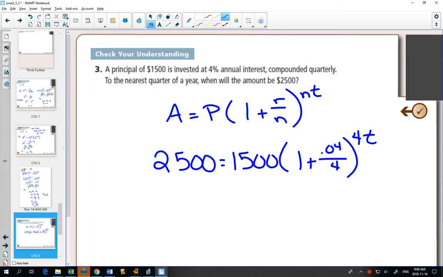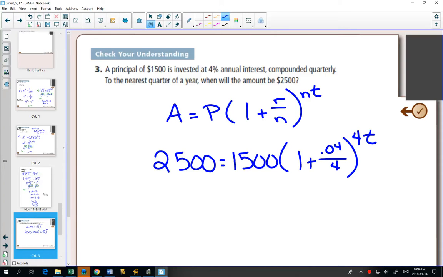So up till now, we have been solving these by trying to get the bases the same. And most of our equations that we've been using have been things on our powers chart. Is 2,500 on our powers chart? No. Is 1.01 anywhere on your powers chart?